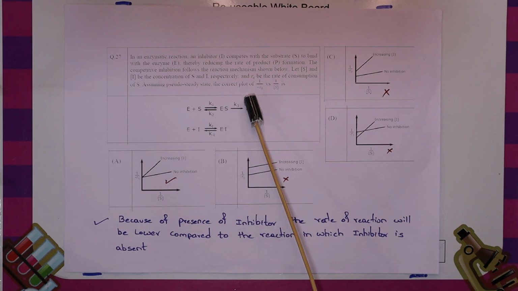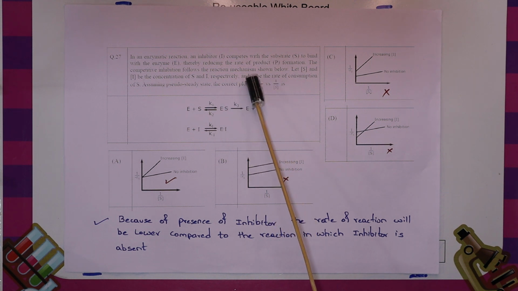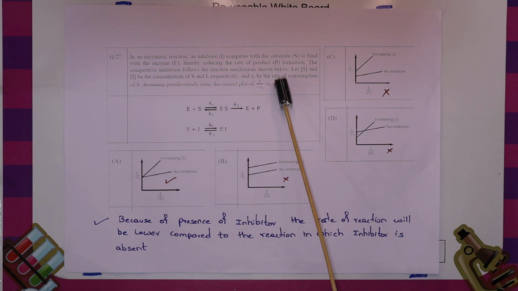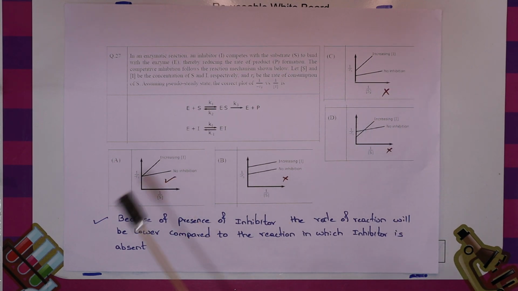What is the correct plot of 1/(-Rs) versus 1/S? That means 1/rate of consumption is on the y-axis and 1/substrate concentration is on the x-axis. Among the plots given, which are correct and which are incorrect?